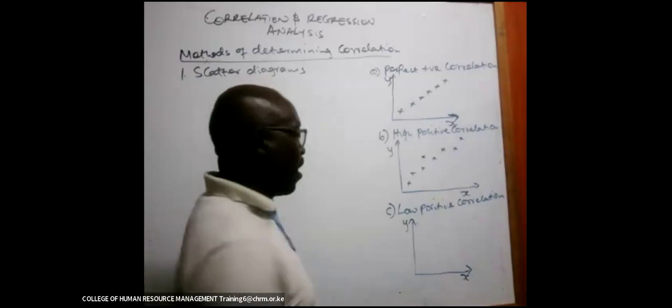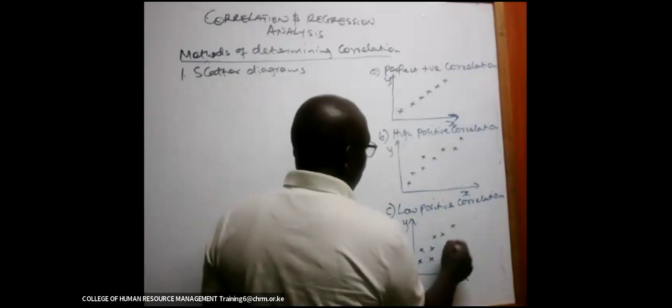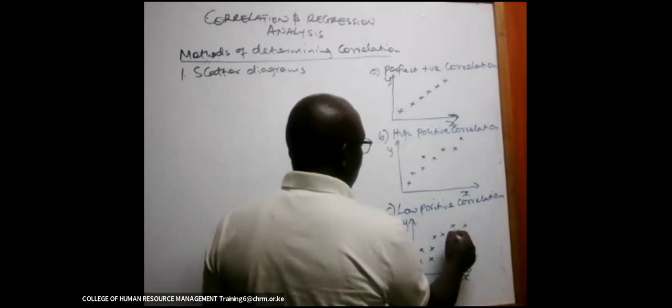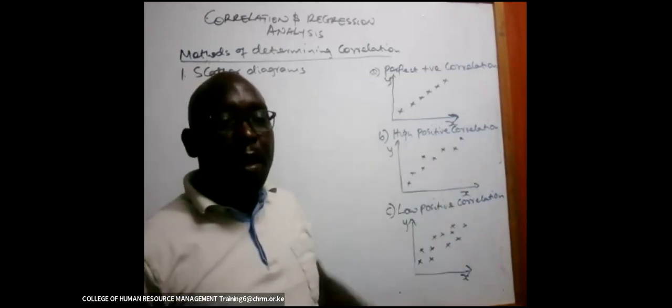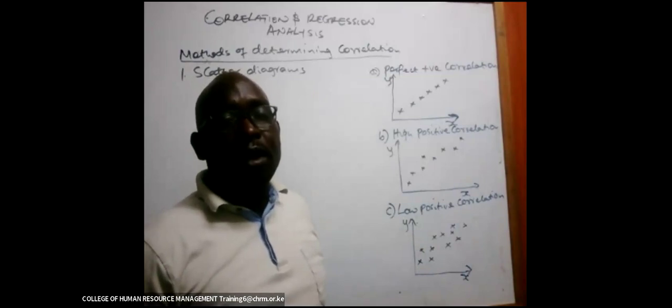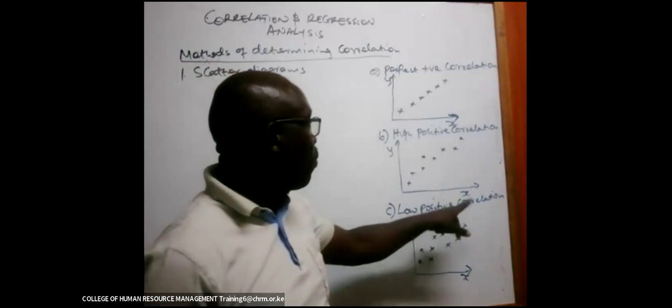They are far away from making a straight line. For example, you have the points behaving like this. They show that there is a positive trend, but those points are far away from making a straight line. This is a low positive correlation.